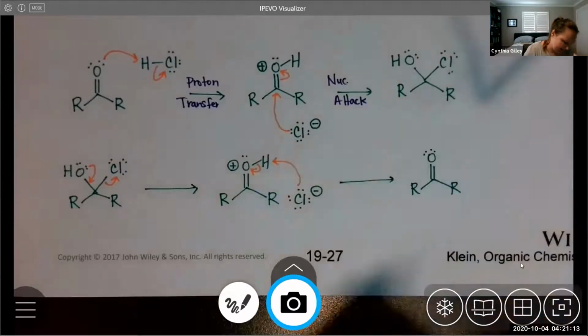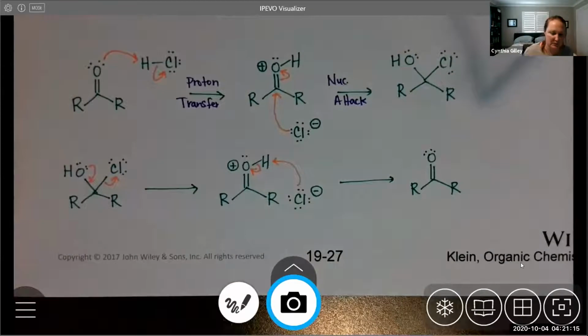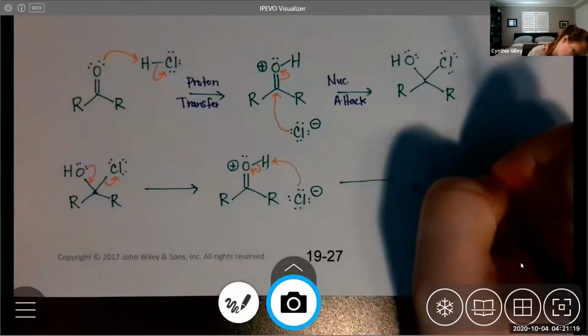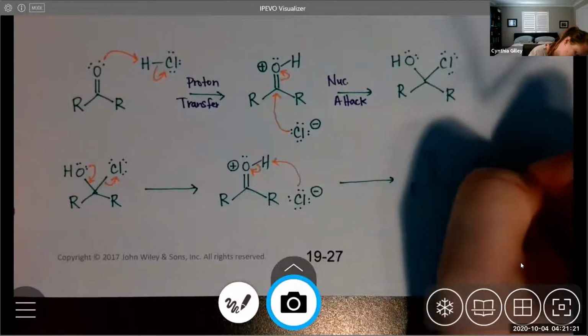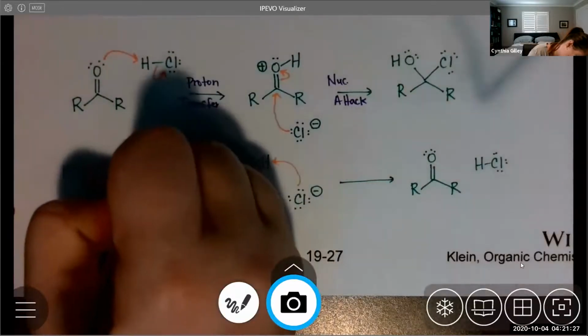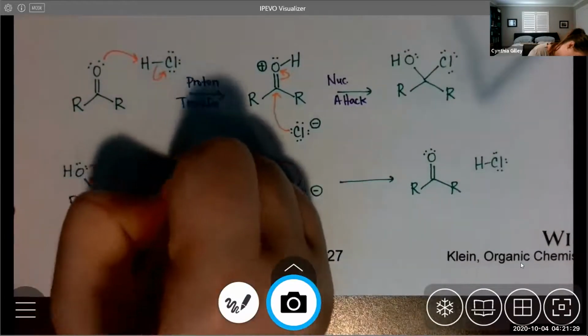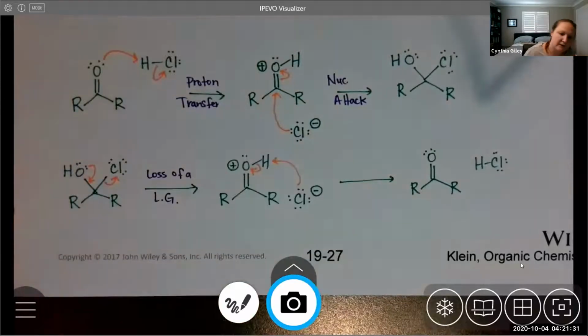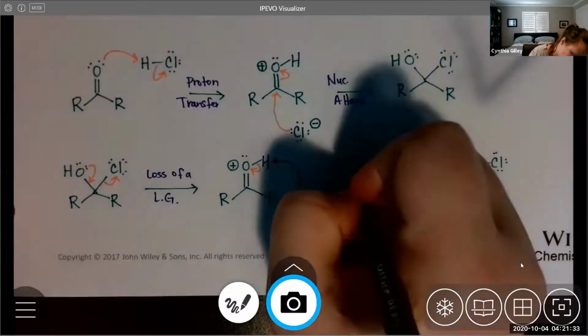In this case, since it says two R groups, I'm assuming it's a ketone, but it could also have been an aldehyde. And HCl. So in reverse, we did loss of a leaving group, followed by proton transfer.